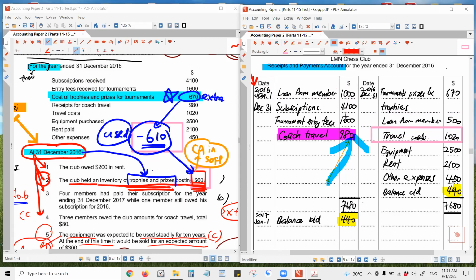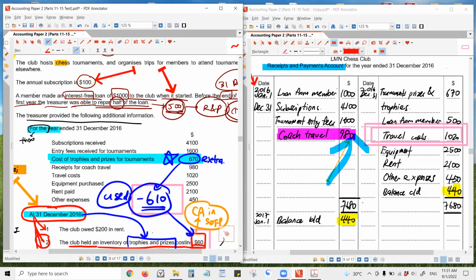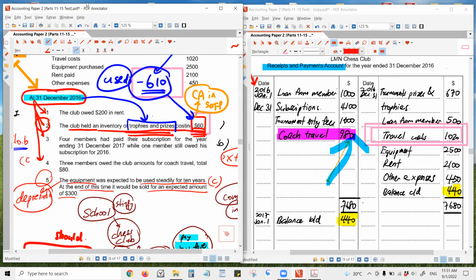Before you take this number 1020, you have to see the question again, if there's any related number to travel cost, especially the additional info. Okay, nothing linked to travel cost.